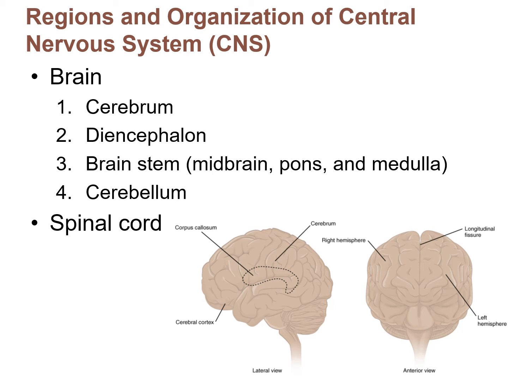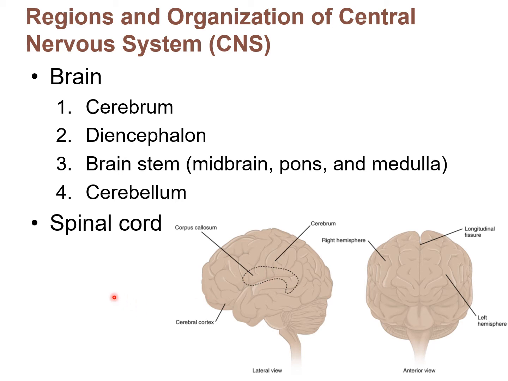Okay, of course we know from last chapter the two parts of the central nervous system are the brain and the spinal cord. What's new on this slide is that we need to know the four main parts of the brain that we're going to go over in this PowerPoint. The cerebrum, which is most of what you see, the diencephalon, which you can't see because it's deep in the brain.